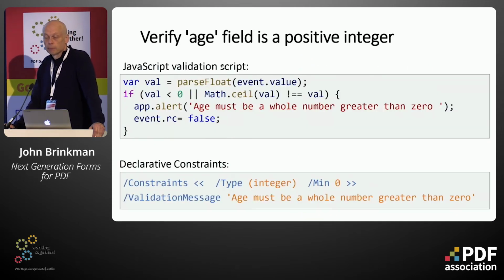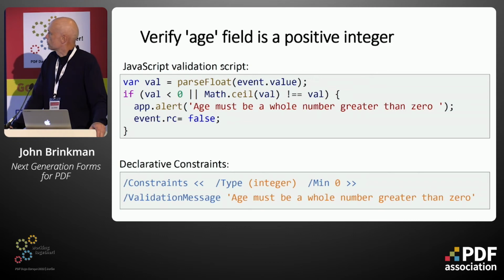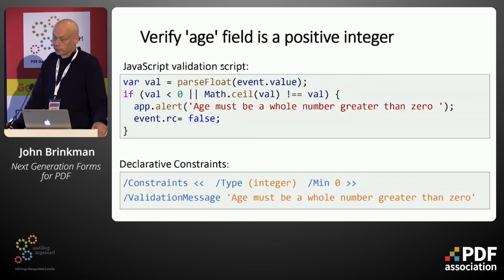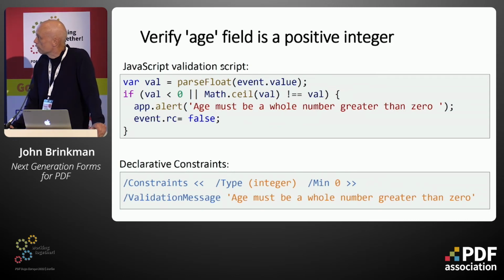So again, by way of comparison, in JavaScript, if I had an age field and I wanted to validate that it was a positive integer, then I'd start with a string value and parse it, and then check whether it's got a decimal component, and if it fails, I do the old app alert and set my event return code to false.